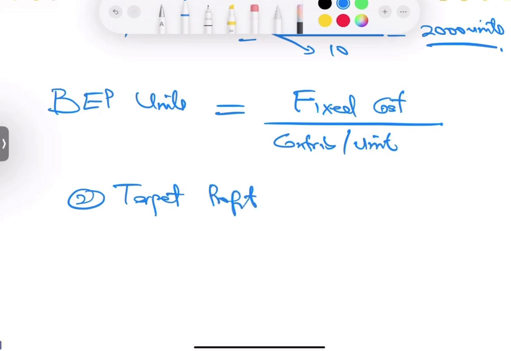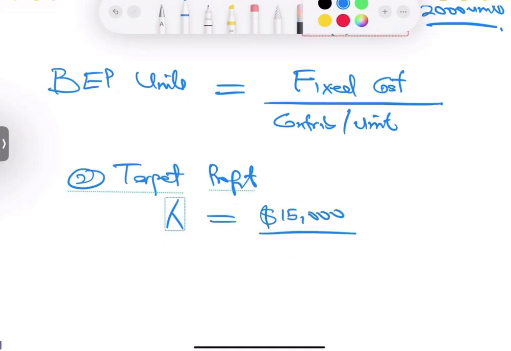for single product. If we want to do target profit, let's say we are targeting a profit of $15,000. We're going to use the same approach. Yeah, we're saying here that we just don't want to break even. We want to do more than breaking even. Which means we want our contribution to be equals to more than fixed cost, not just fixed cost.